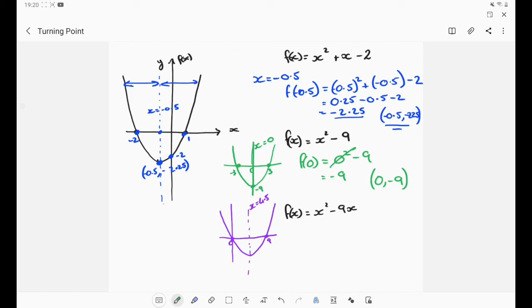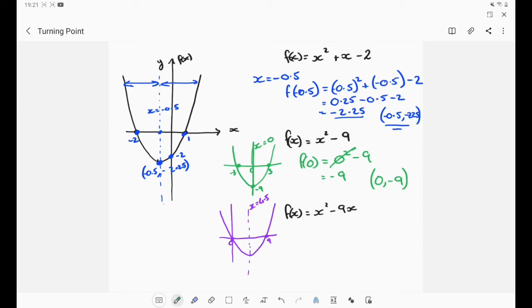And we have already found this point. If you remember back to finding the y-intercept, we found it by substituting in 0. So if we have a difference of 2 squares, your axis of symmetry is going to be x equals 0, and your turning point is going to be the same as your y-intercept, always.